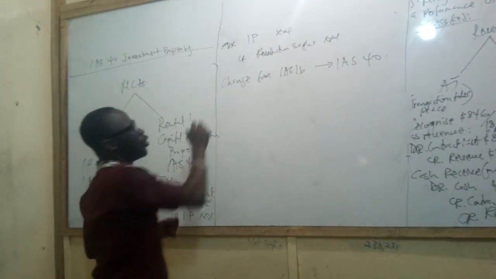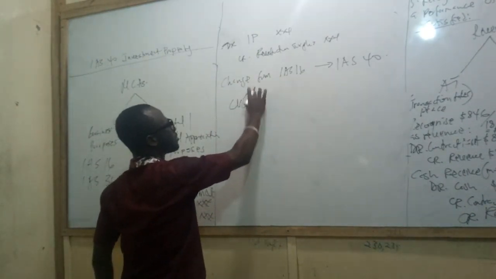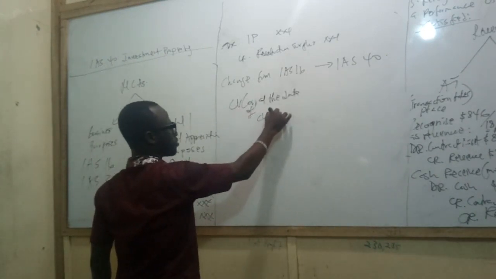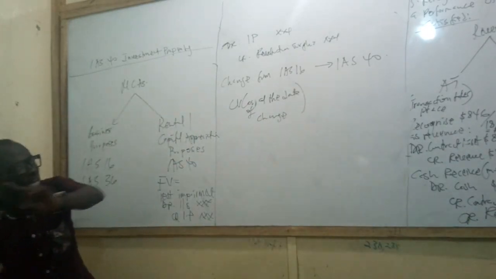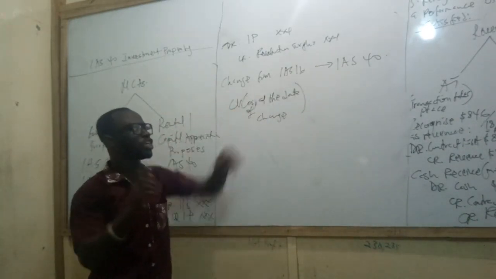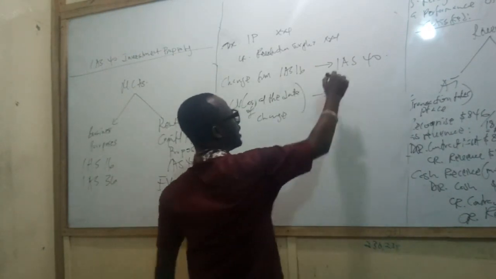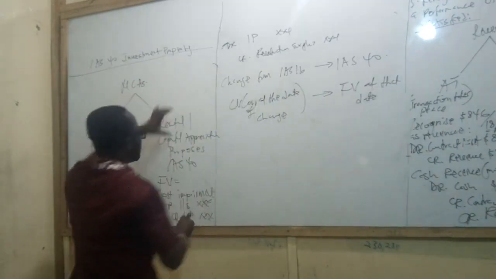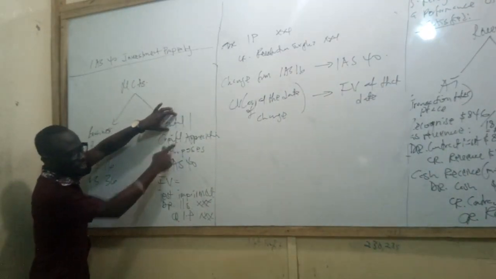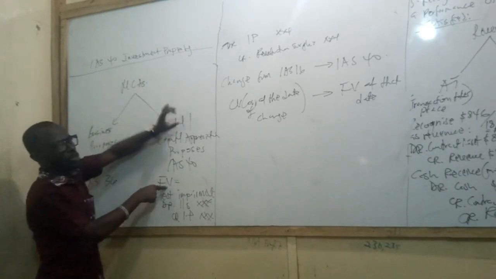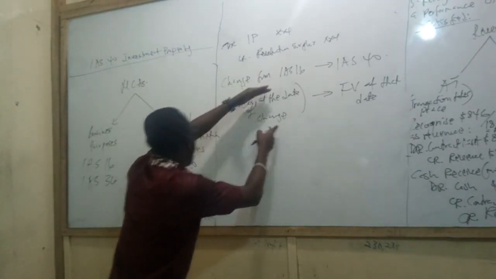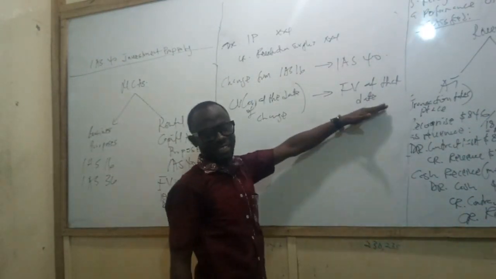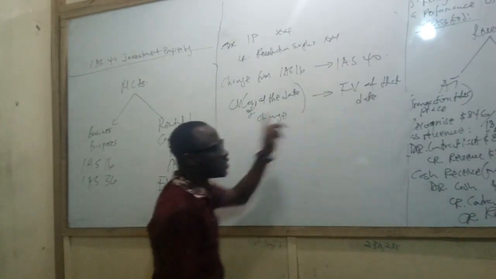So we were using it for business purposes, but now we are carrying it as investment property. What do we do? We calculate the carrying value as at the date of the change and compare it against the fair value at that date. Because remember what I said here, all investment properties should be carried at what? Fair value. Two things are likely to happen when you do this.